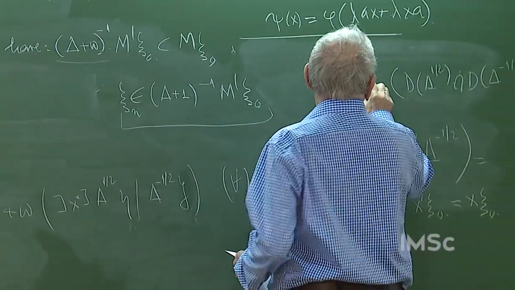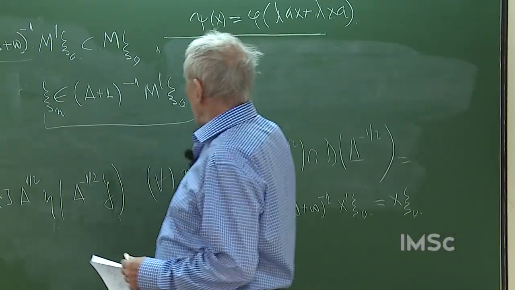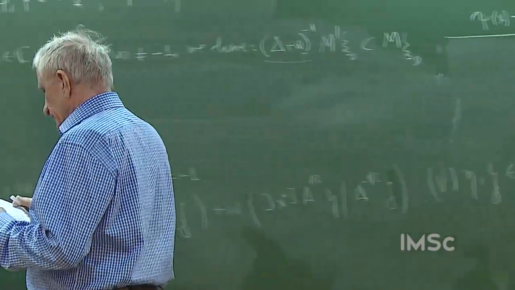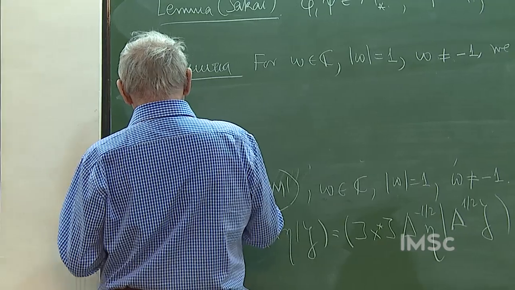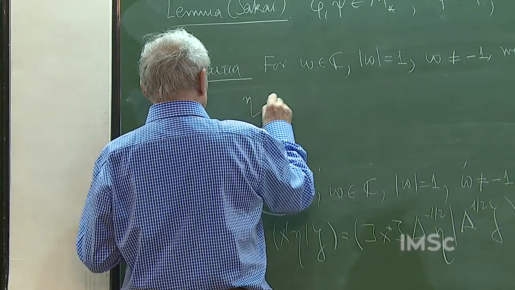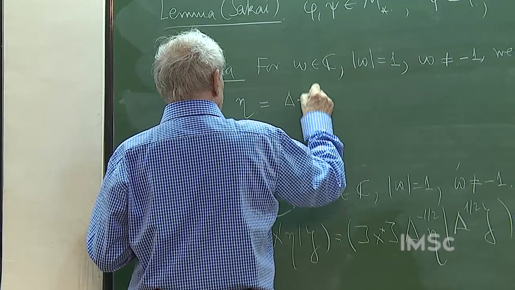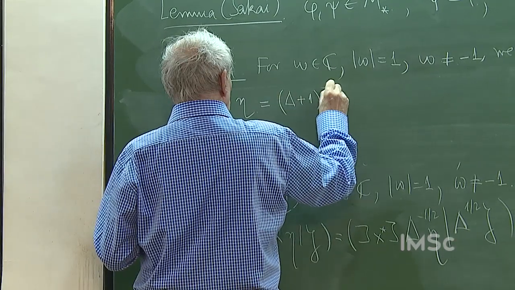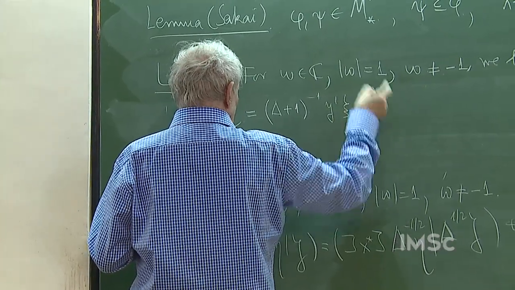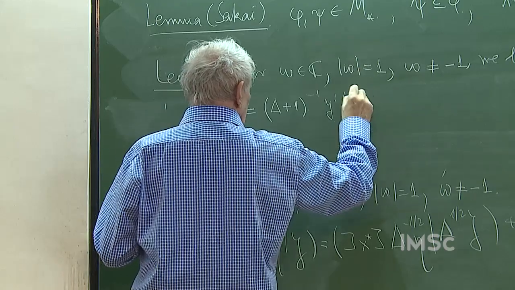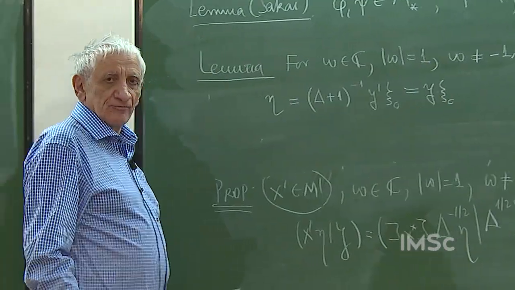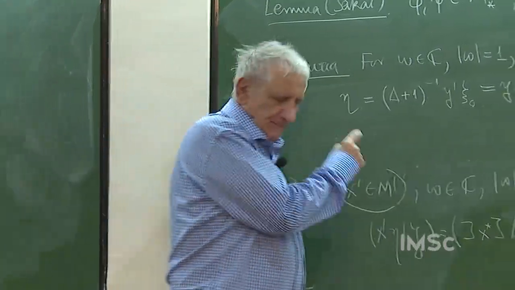So that instead of this, I will take eta equal to delta plus 1 to minus 1 of y prime xi naught, which is in m xi naught, so that this is of the form y xi naught, right? It's existent.